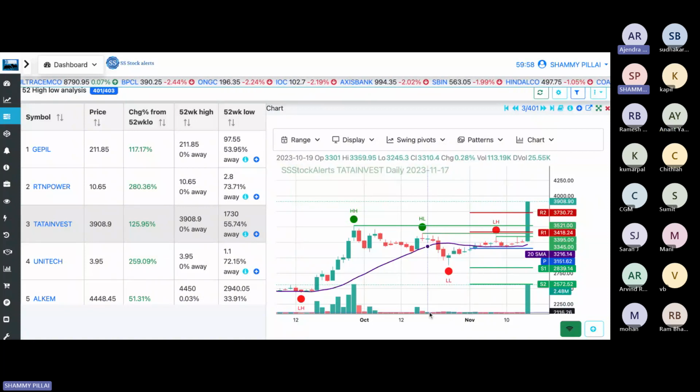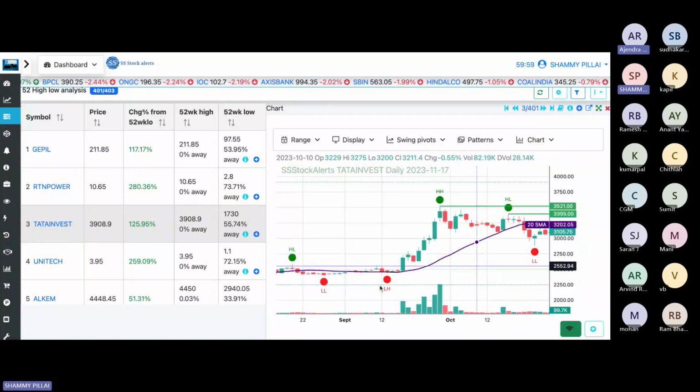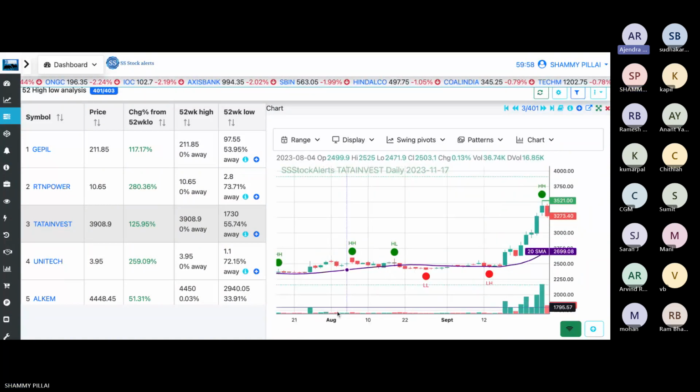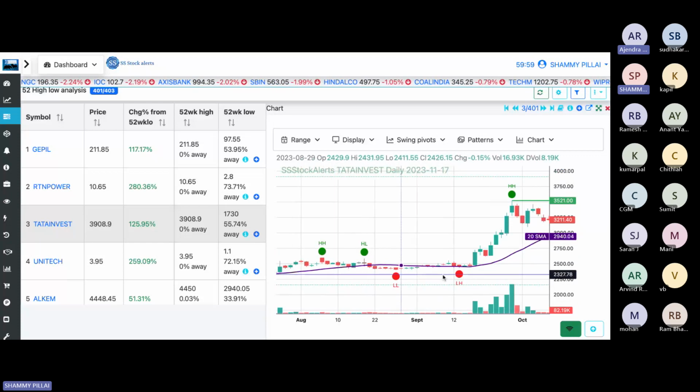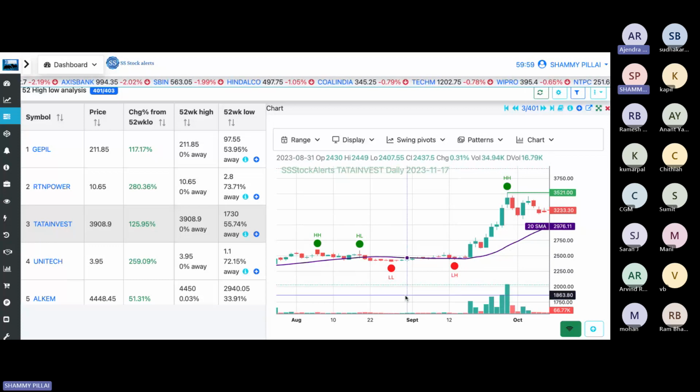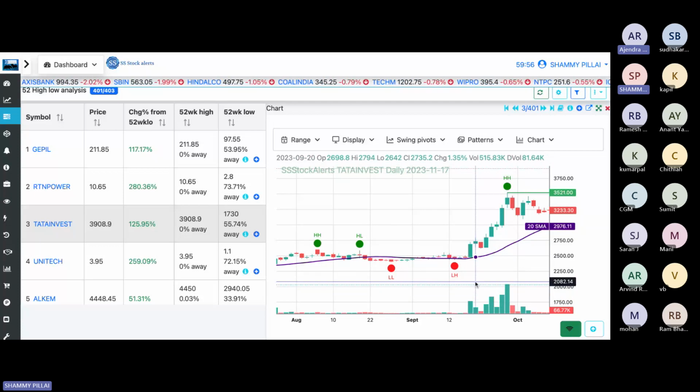That is one of the main characteristics of trading a breakout. See, volumes are muted. And you can see the higher high, higher low, lower low, lower high formation. If you are seeing a formation like this, you are trading a strong breakout.